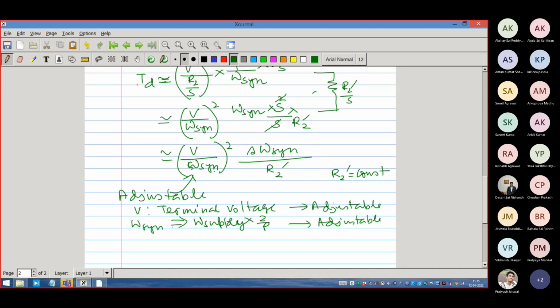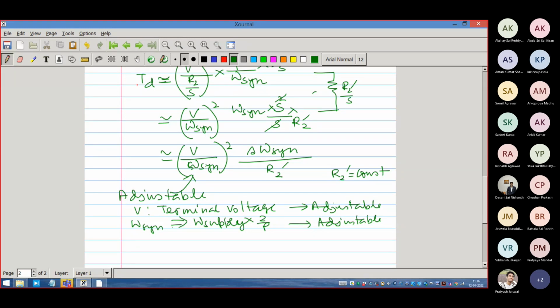Because then it is immaterial what synchronous speed you are operating. This part at least is immaterial, and this part is physically indicating the flux, because V is equal to 4.44 F flux, number of turns, etc. So that frequency part that you take out, physically it is implying a flux quantity, and that you are not changing.